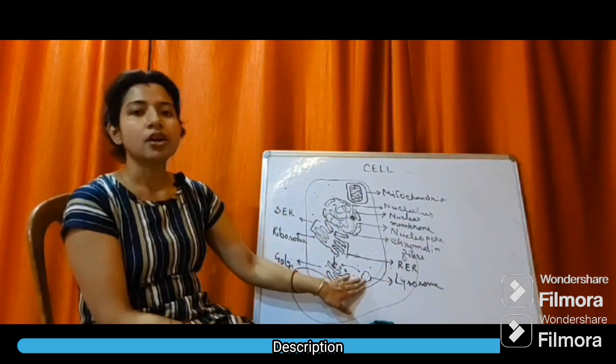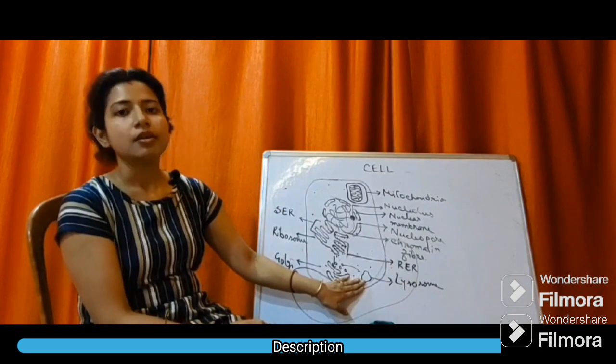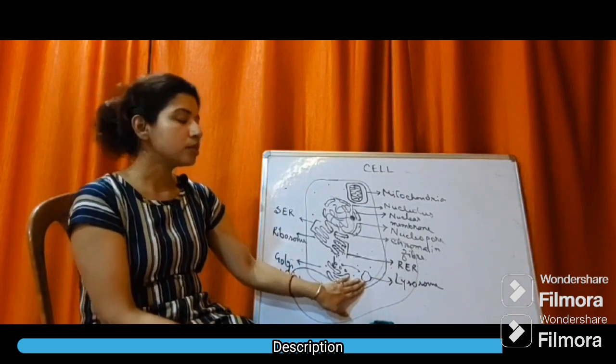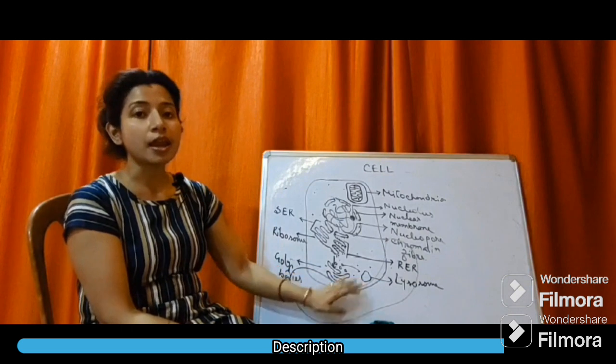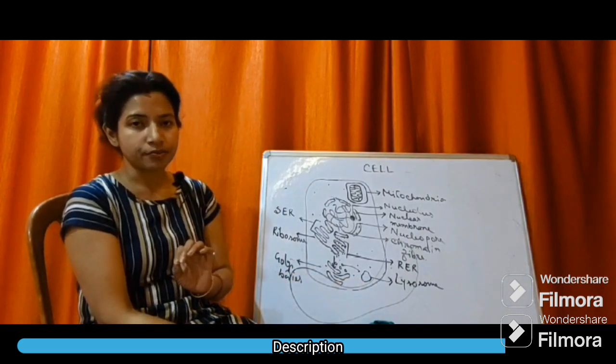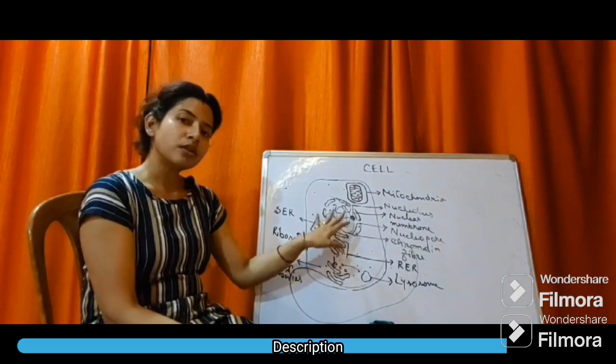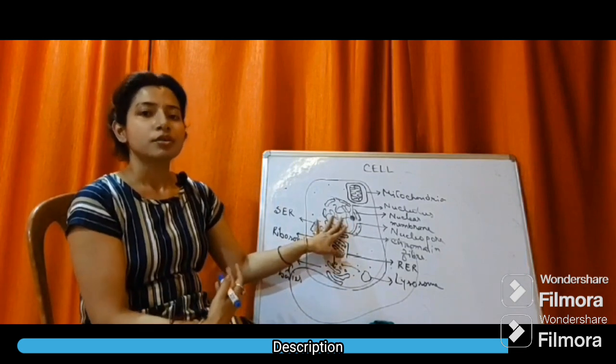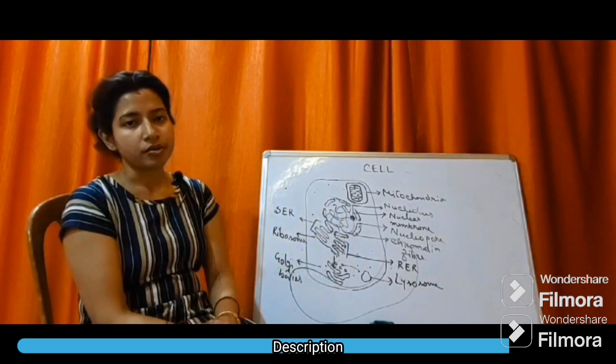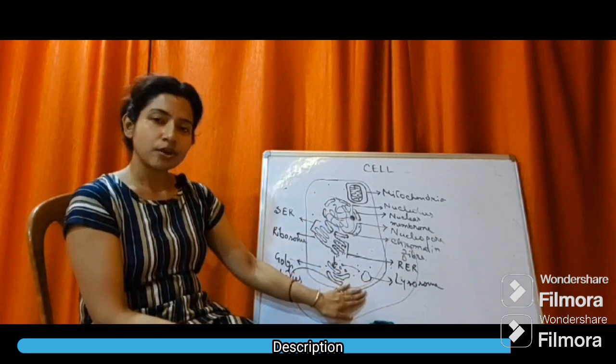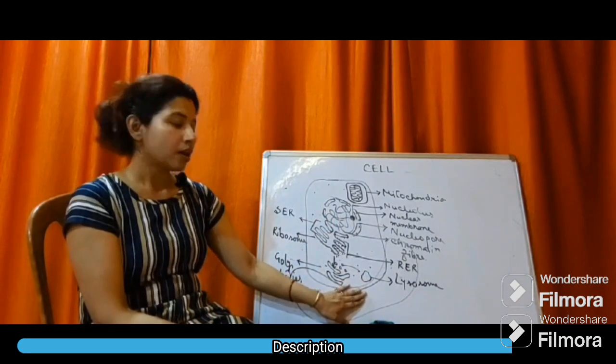That's why it is called the digestive part, or it is better known as the suicide bag, because in any dangerous condition, this lysosome can destroy the cell to keep our body surviving properly. Okay, that's why it is called suicide bag.